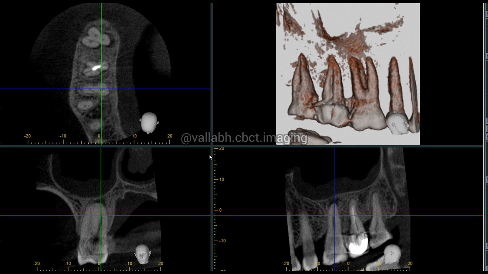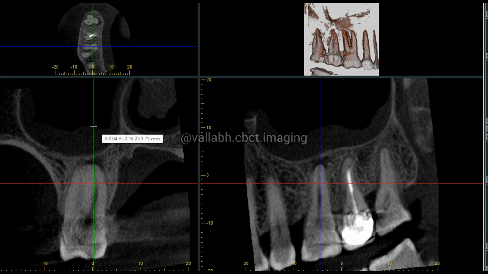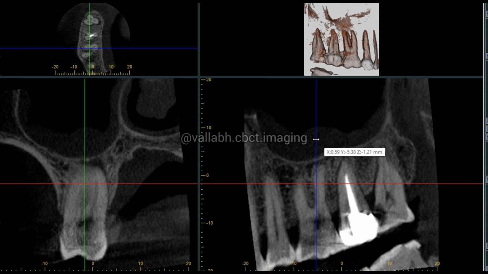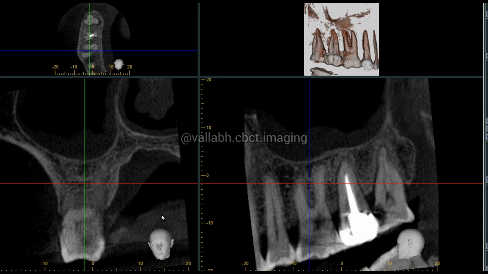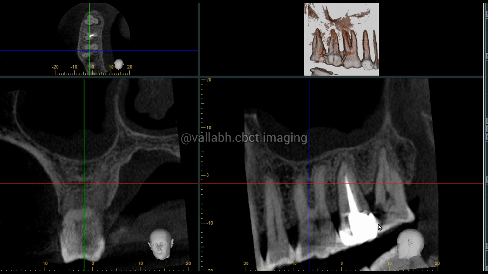So why has this happened? There could be suspected occlusal or cervical abrasion, though not very well evident. Chances of some kind of decay could be evident proximally, but it's not very well evident due to this radio-opaque coronal prosthesis.